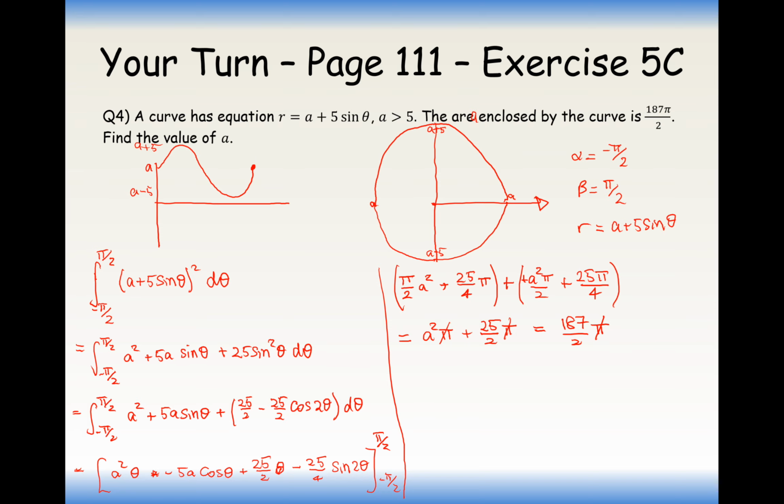Let's double everything, so it's going to be 2a squared plus 25 equals 187. Take away 25 from both sides and we'll get 162. Divide both sides by 2, we'll get a squared equals 81. Oh, this is ending up quite nicely. So a is either equal to plus or minus 9, but we know that a is greater than 5, so then a must equal 9.